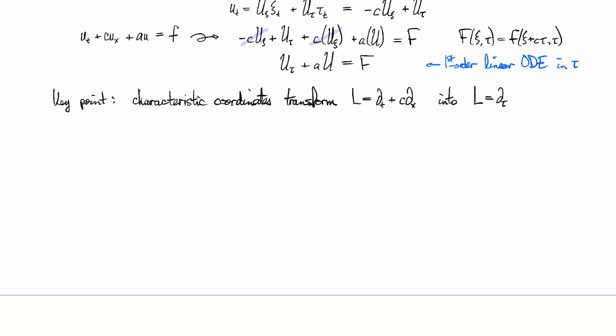Okay, and so you know how to solve a first order linear ODE. Use an integrating factor. So you could now solve the ODE by multiplying across by your multiplicative integrating factor e to the integral of the coefficient of the linear term, which in this case is a dτ, so that would just give you e to the aτ.